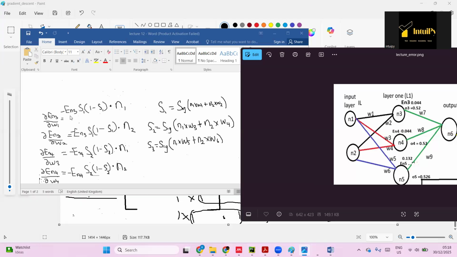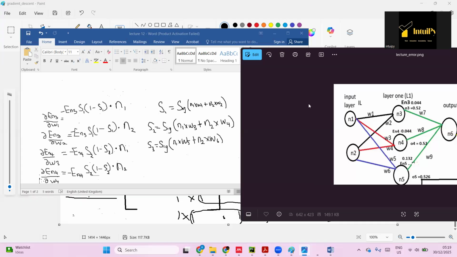And then we have our S1, and S1 means N1 times W1 flowing into N3, and then N2 times W2. So that's our S1. And then you multiply that by N1. So N1 is the input to N1 because that flows inside. Remember, we don't need any sigmoid here.